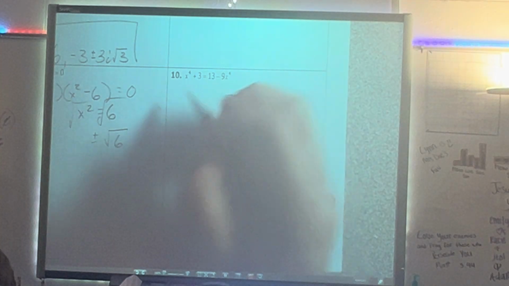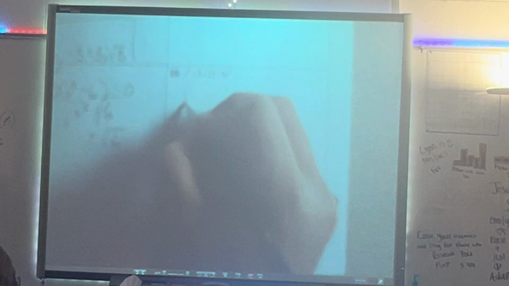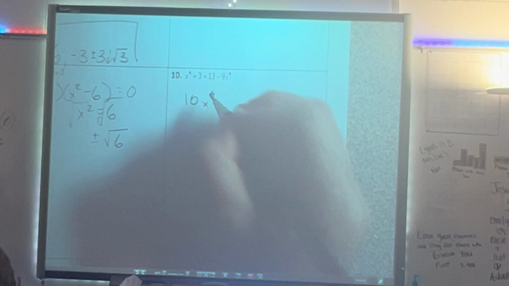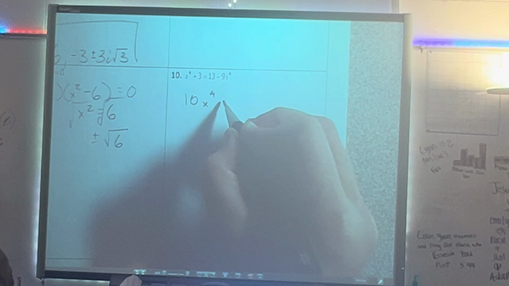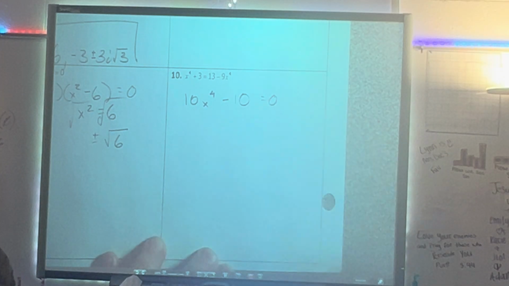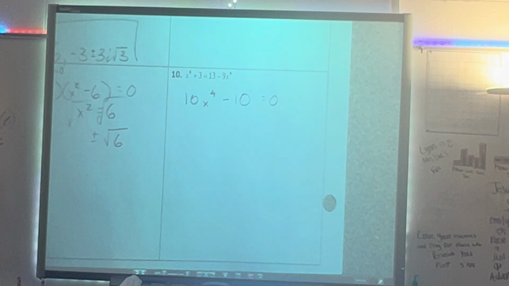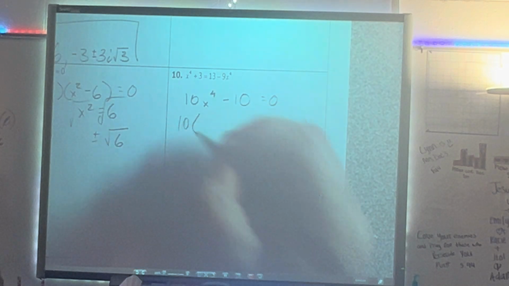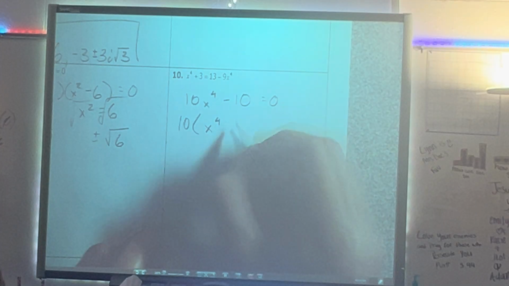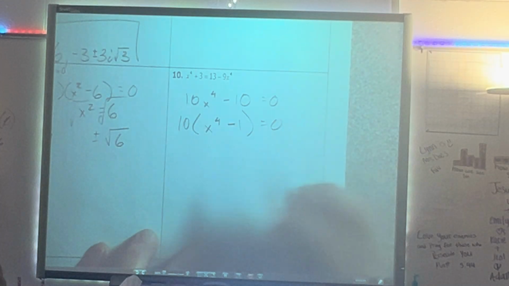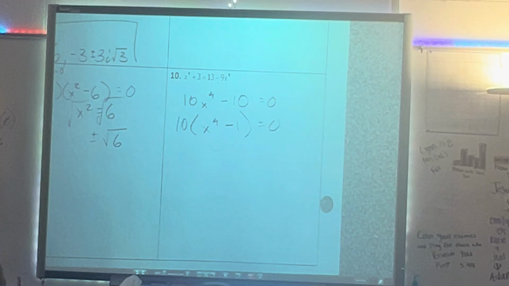Okay, so when I add that over to the other side, that's going to give me 10x to the 4th, and it looks like minus 10. So what's the only thing I can do there? Take out 10. So when I take out the 10, that's going to give me x to the 4th minus 1. What is that? Difference of squares, yeah.